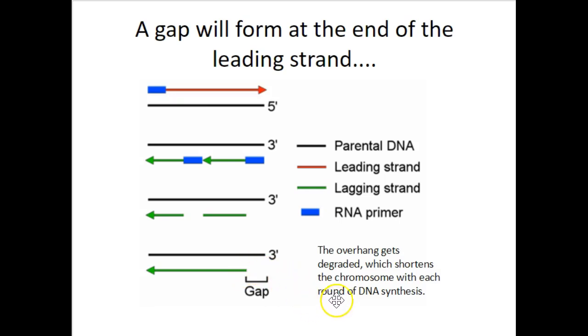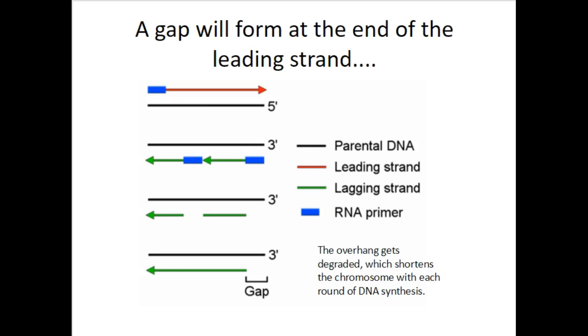So what will happen over time is the leading strand will be made correctly, the lagging strand will always have a gap on the end. And as the cell goes through round after round of DNA synthesis, each time cell division occurs, there will be a gap there. And every time that happens, it means that this chromosome will in fact get shorter.